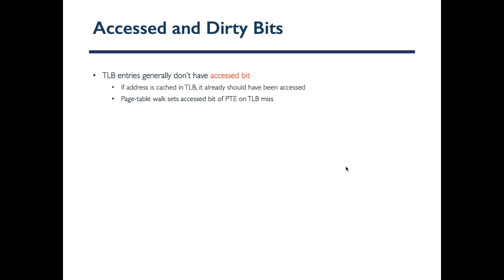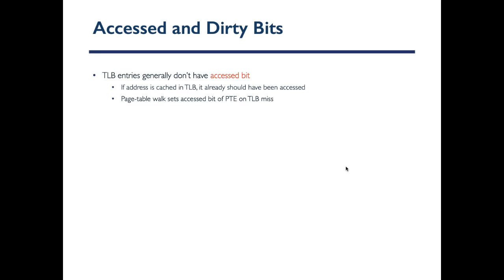In our TLB, usually we don't keep track of the accessed bit. So let's say the hardware wants to translate a virtual address. It accesses the TLB, cannot find that translation in the TLB, goes to the page table, and finds it.